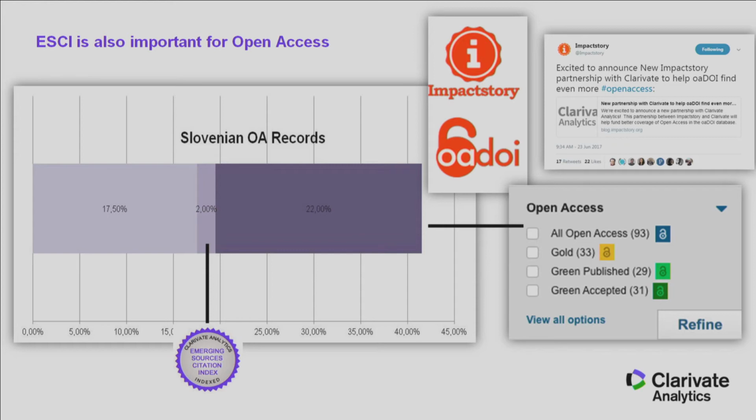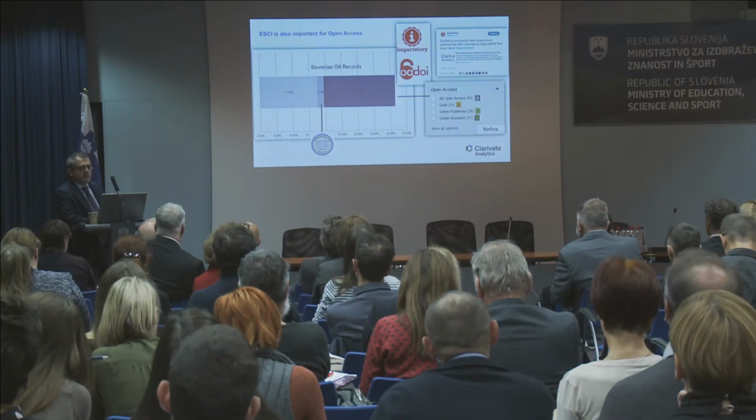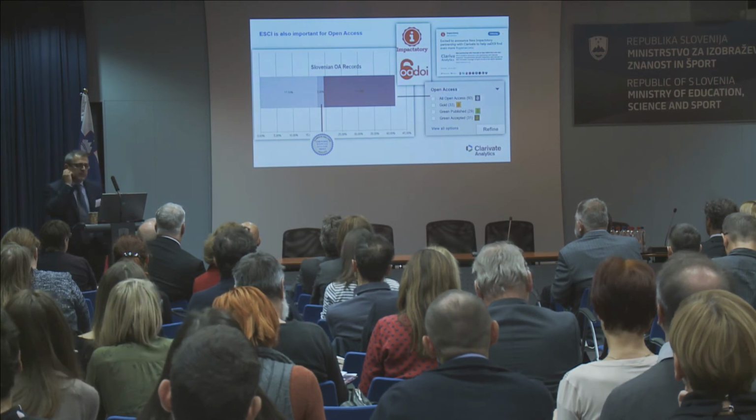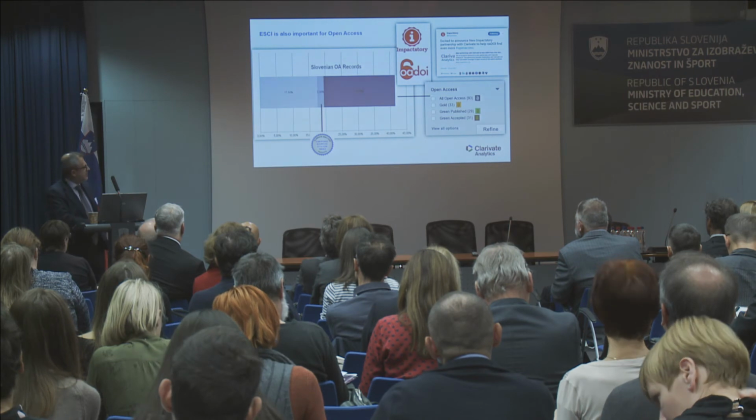And we announced a few months ago a partnership with Impact Story. So we will basically integrate this service, which is already available, with some extensions. If you know Unpaywall, for instance, we will be integrating something like that on the Web of Science platform.